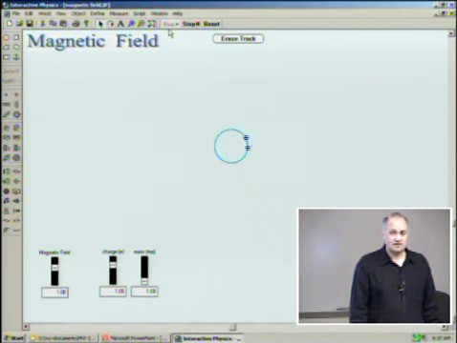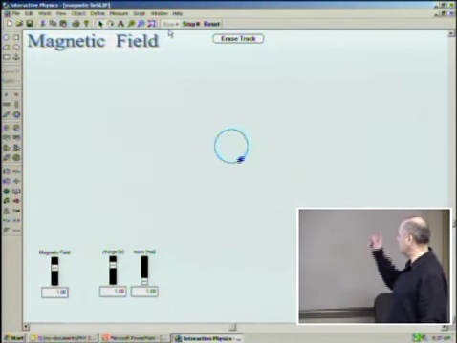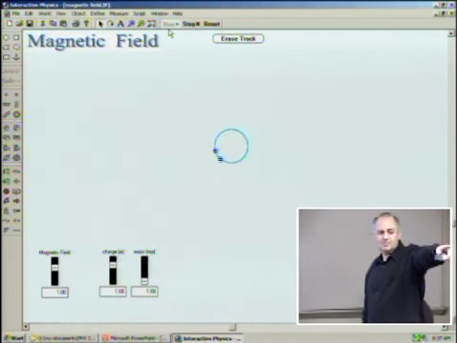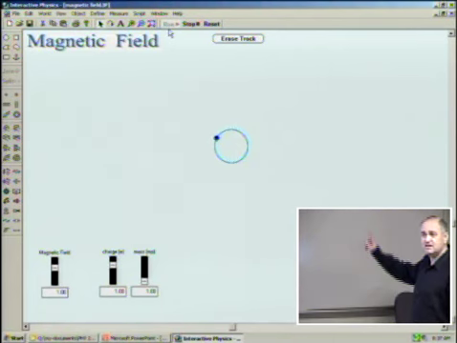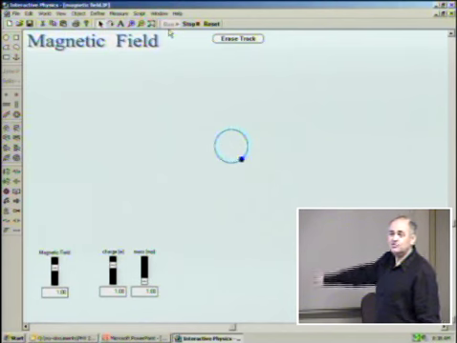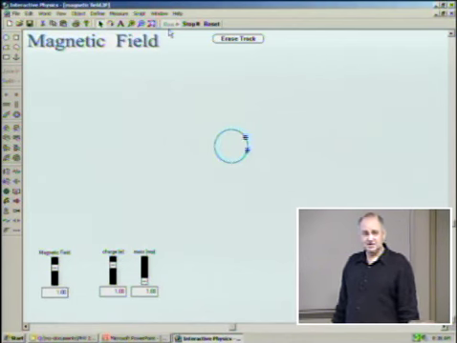Some of you are showing that it's into the whiteboard, some that it's out of the whiteboard. Who believes that it is into the screen? Who believes that it's out of the screen? I think more of you believe that it is out of the screen.